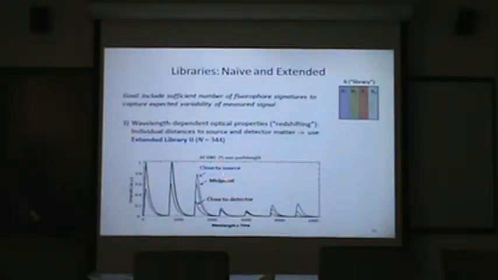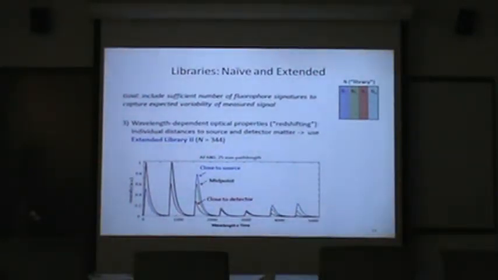But the difference is that the blue represents the fluorophore being close to the source. The green, it's kind of halfway between the source and the detector, and the red is close to the detector. And you can see that not only are there shifts, but the peaks in the spectral channels are very different. So these are very different shapes for the same exact fluorophore.